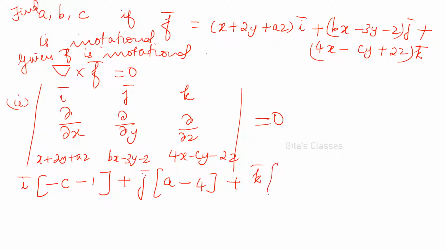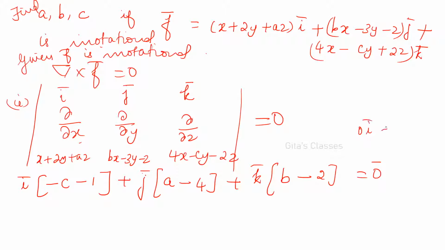Plus k into, when you are taking plus here, first you consider this term, then this cross. So k into dou by dou x of, so b, minus dou by dou y of, so 2, is equal to 0. Here 0 means it is not a single 0, actually 0 vector.